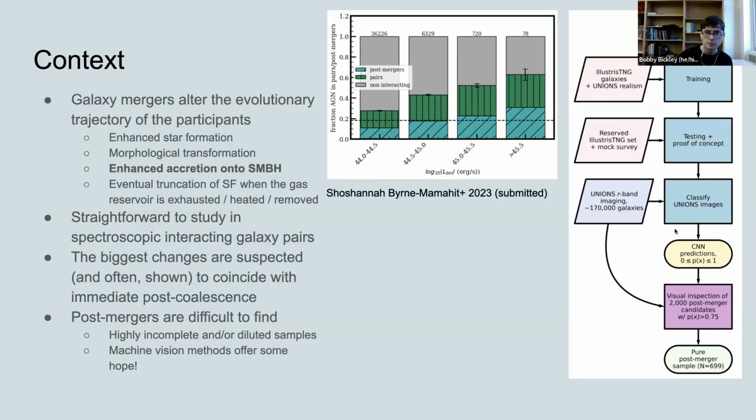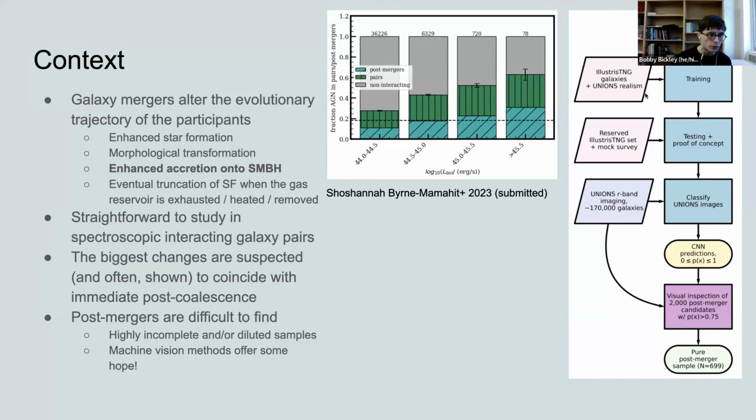And just to summarize this, what we're doing is we're using galaxy morphologies, so starlight distributions, taken from simulations, and we're using Illustris TNG as well for this, because we have some confidence in the representative nature of the morphologies in the simulation and what we think post-merger galaxies in particular look like in the universe.